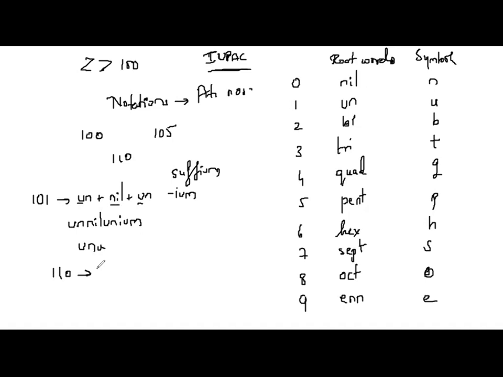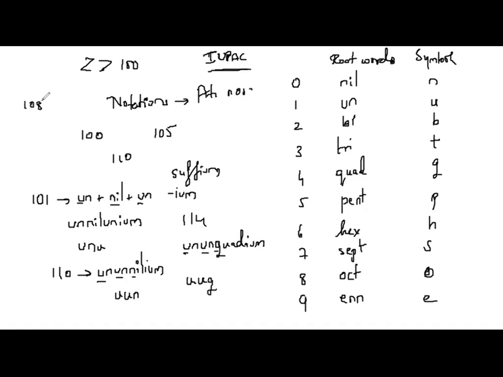110. If I want 110: un, un, nil, ium. So un, un, nil: U, U, N. If it is 114: un, un, quad. I have to put the suffix ium. So ununquadium: U, U, Q. Understanding?